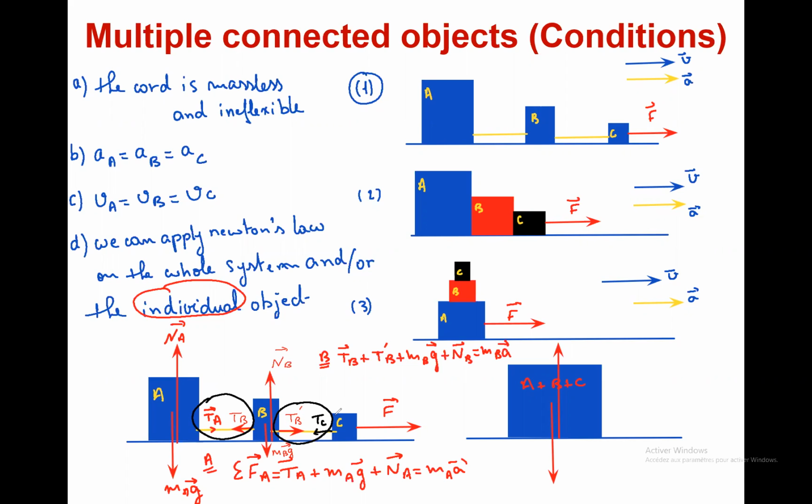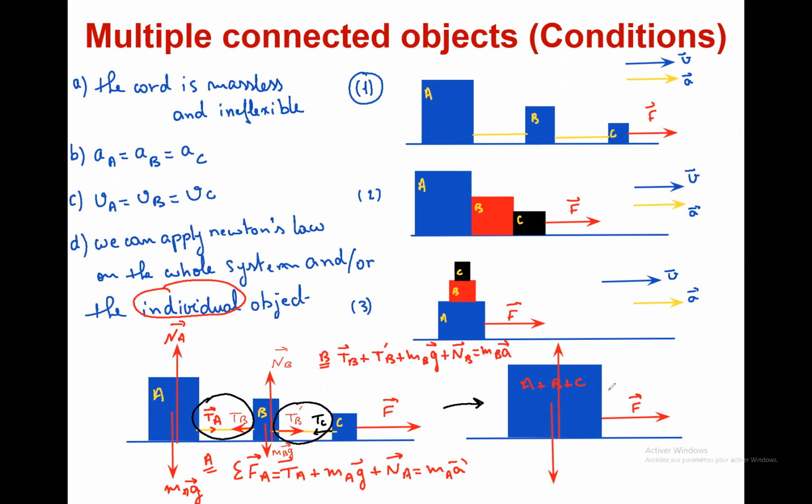But F is external. I use an external F to move the whole system. When I talk about the whole system, we have to talk only about the external forces, not the internal forces. So we have F applied on the system.